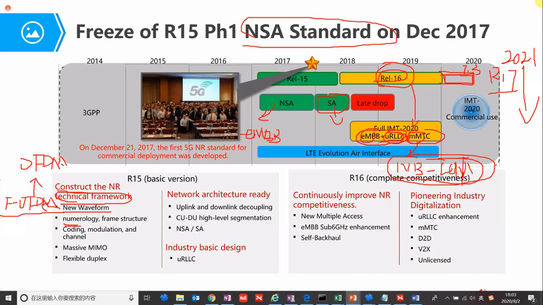If we used fiber, it would be very, very slow. So actually, COVID-19 may promote 5G development.